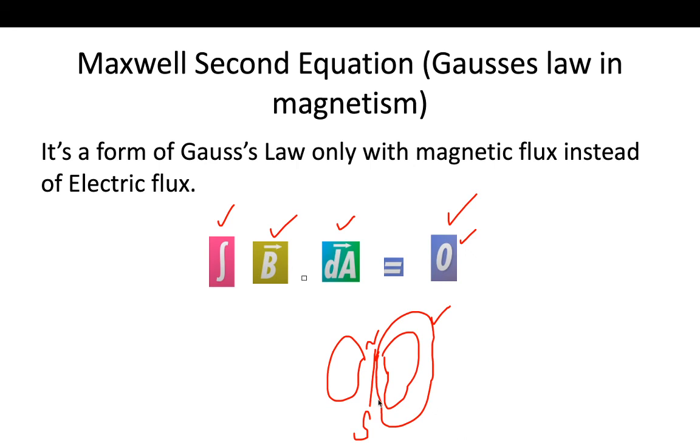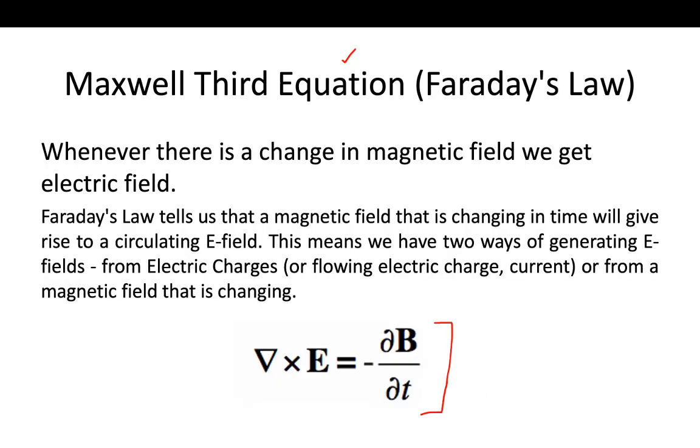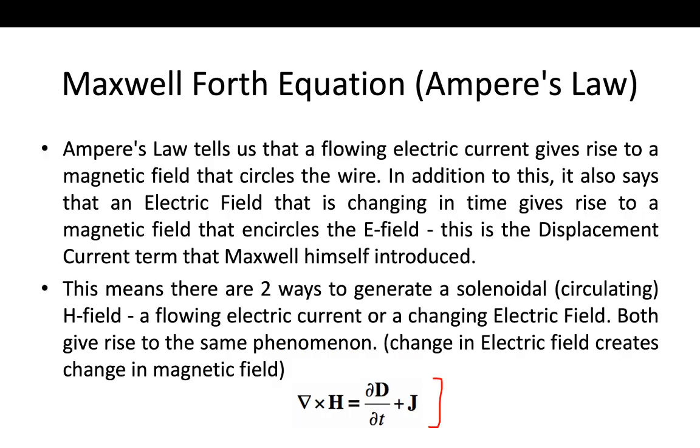You know this closed path, magnetic field, so that is always equal to 0. What does the third equation say? The third equation says that whenever there is a change in magnetic field, we get electric field. What is the fourth equation? The fourth equation says that change in electric field creates change in magnetic field.